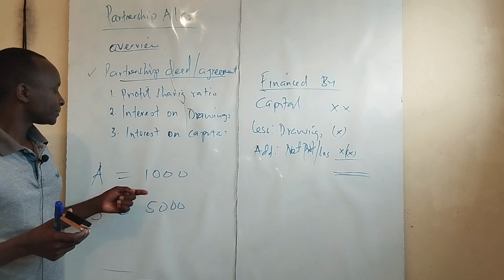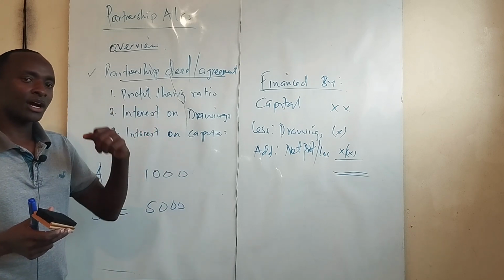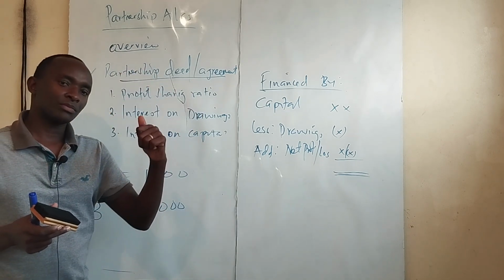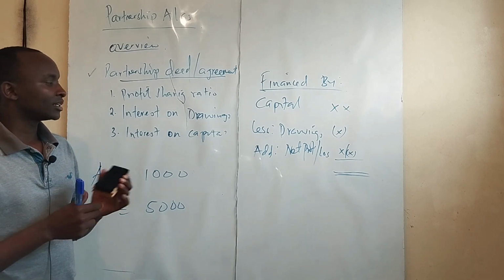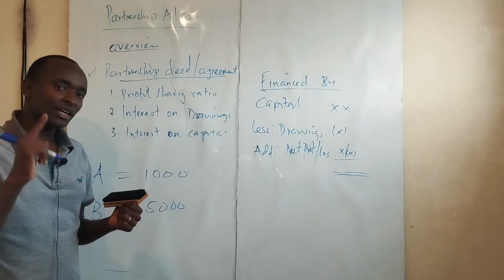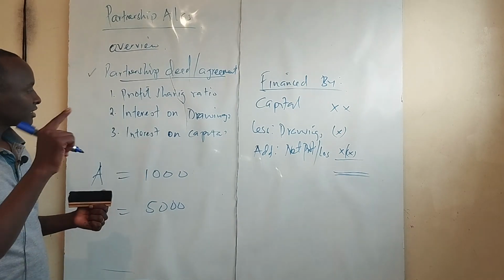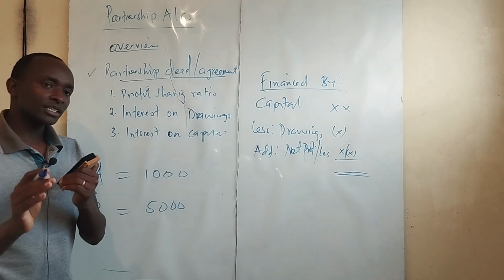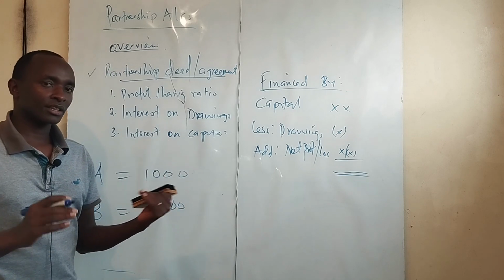It's kind of the company is now starting to earn from the partner. The partnership deed must clearly state what the rate of interest on drawings must be.